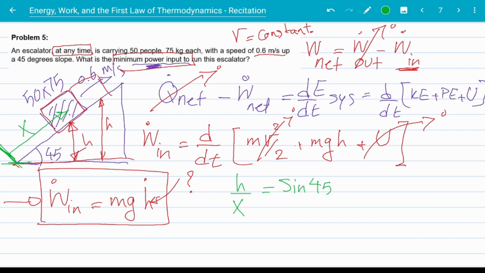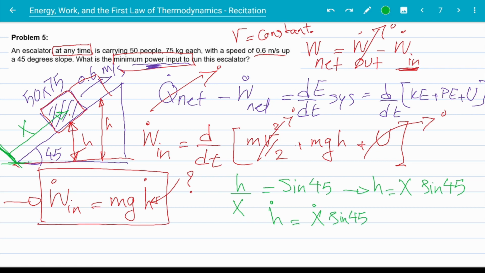Because of the trigonometric equation, the definition of sines. So h is actually x times sine 45, right? Now we can make a derivation with respect to time. I can say h dot is actually x dot times sine 45.